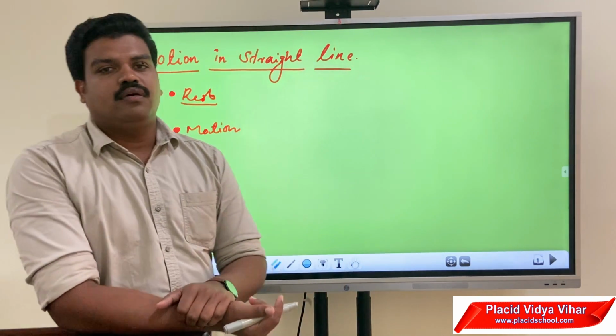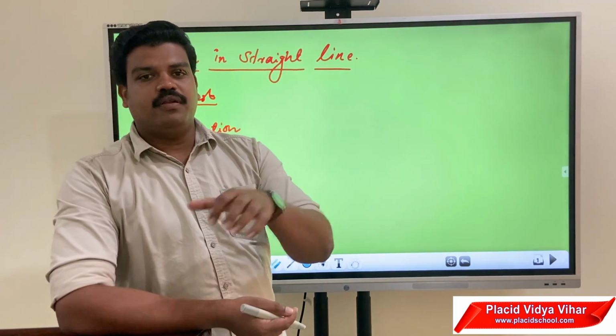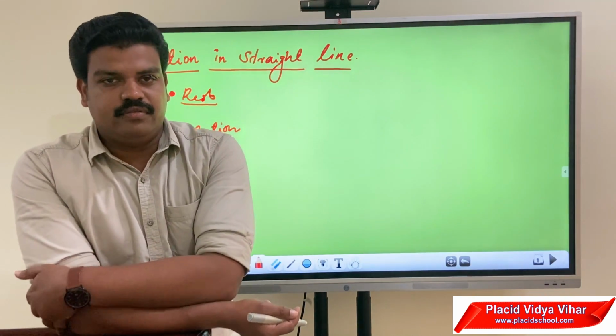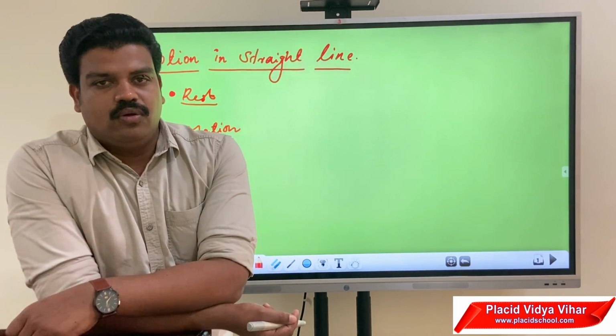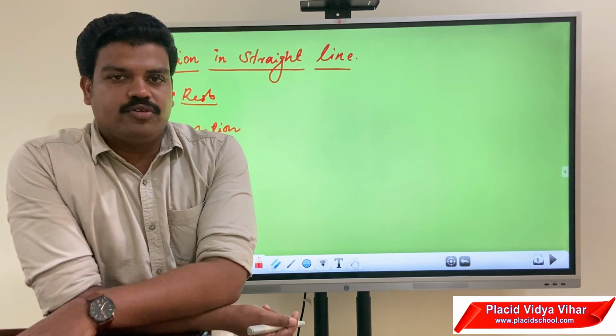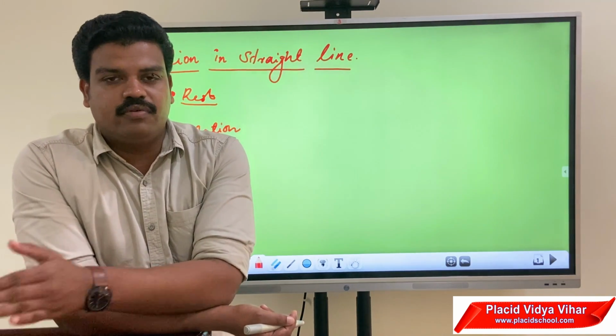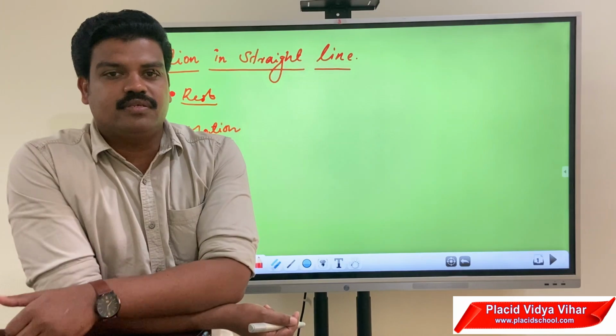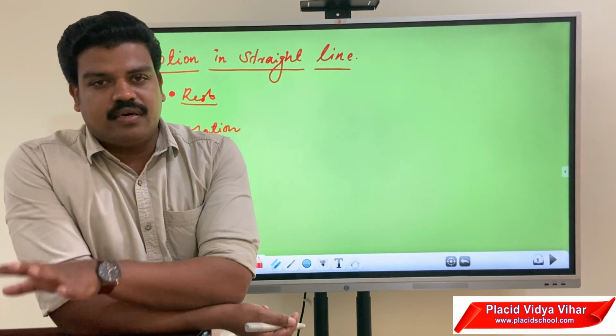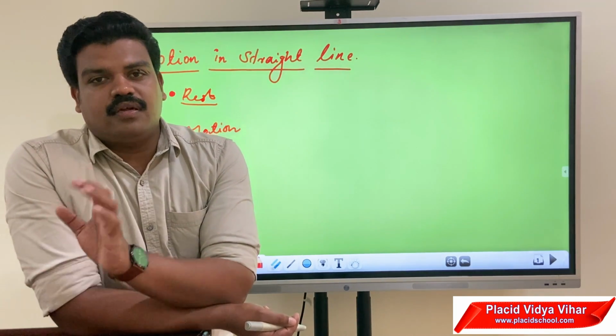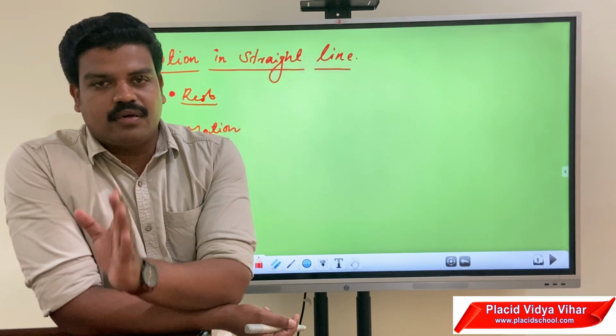For example, suppose 4 people are traveling in a car, and the car is moving with a speed of 30 km per hour. A driver, a co-driver and 2 passengers are sitting inside the car, and the car is running at 30 km per hour.